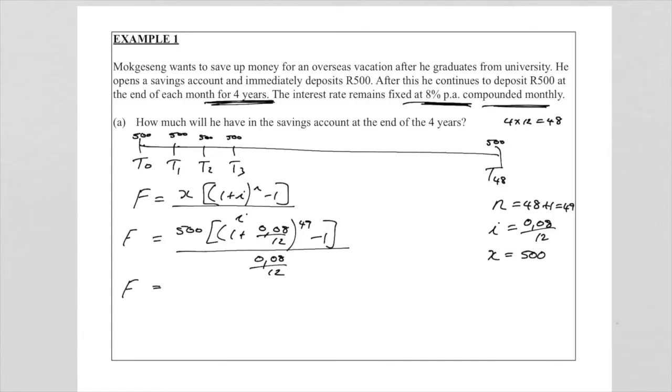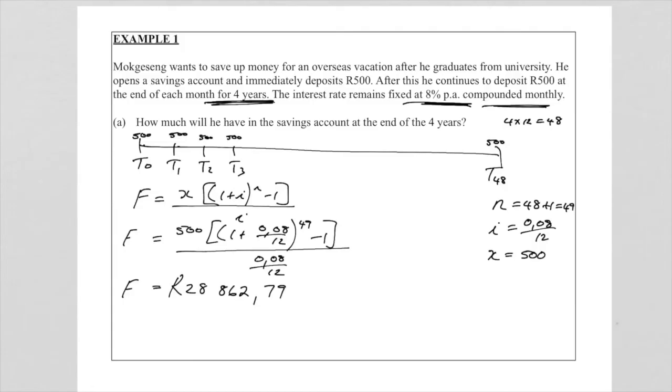So now you just put this onto your calculator. Please use your fraction buttons. You don't need to give any more steps here. You can just put the whole thing on your calculator and just write down the final answer. Please try to make sure that you know how to put this onto your calculator, how to use your different keys, and check if you get my answer. I've got 28,862 Rand and 79 cents.